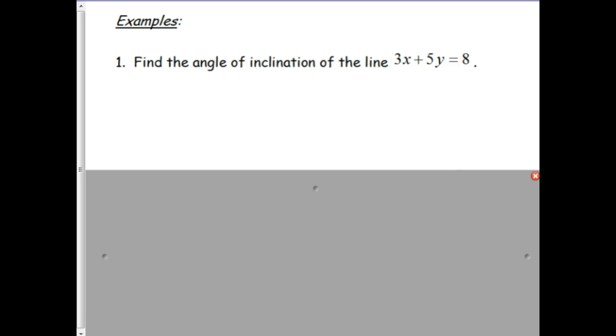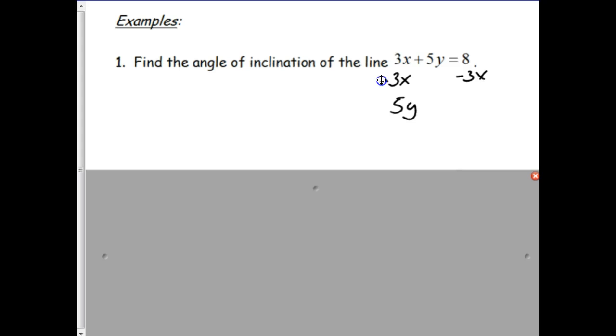Number 1, this is how your questions are going to look. Find the angle of inclination of the line 3x plus 5y equals 8. Well, the first thing that you need to find is slope, because tangent is the same thing as slope. And the way you find slope is just by solving for y and looking for where m is. Okay? So I need to move the 3x over.